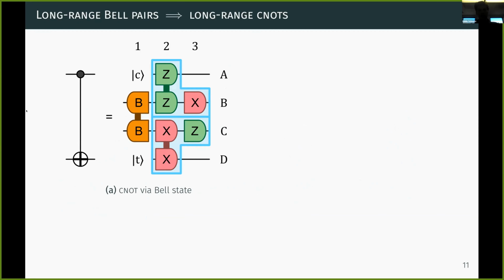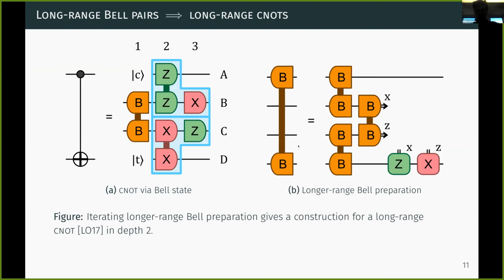First, let me show you how to implement a C-naught via Bell states. If we have a Bell state on 2 ancilla, B and C, then we can implement a C-naught operation with this following identity. And now the simple ingredient to performing long-range C-naught operations is this long-range Bell state preparation, which we can perform using this identity.